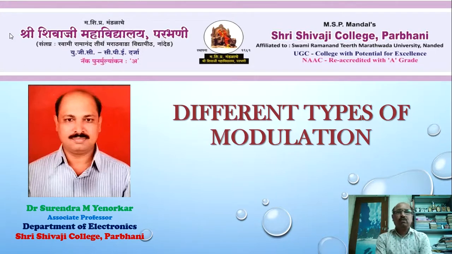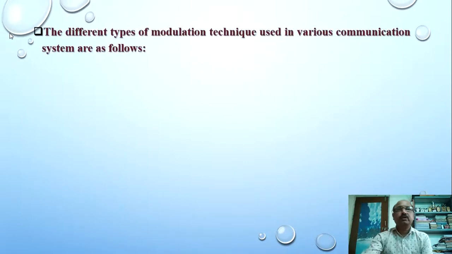So we see the different types of modulation. Modulation means we can transmit information by using the modulating signal as well as the carrier signal, that is, the combination of these two waves.